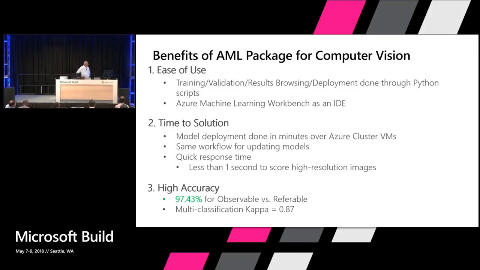The update of a model is done through exactly the same workflow. We have quick response times. It takes less than a second to score a high resolution image, and we got very high accuracy from the CNN. 97%.